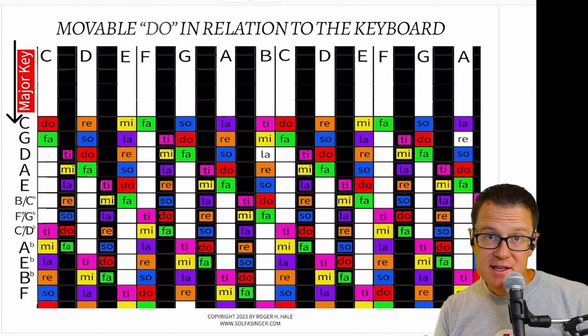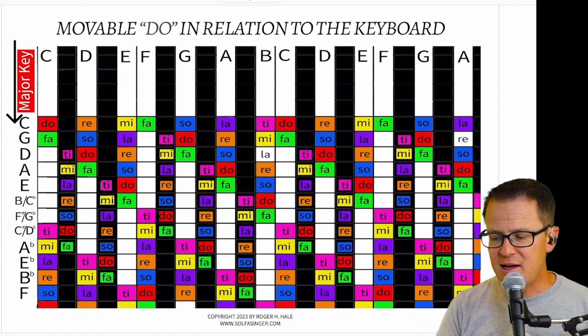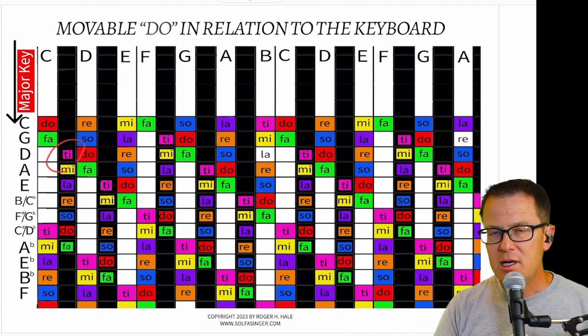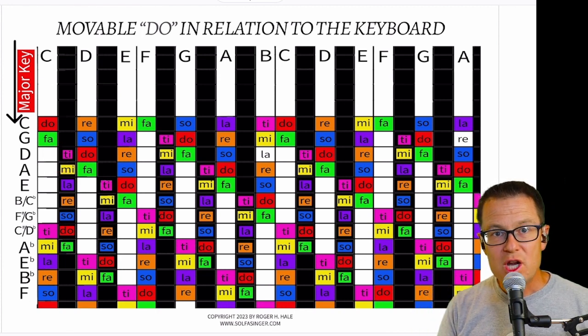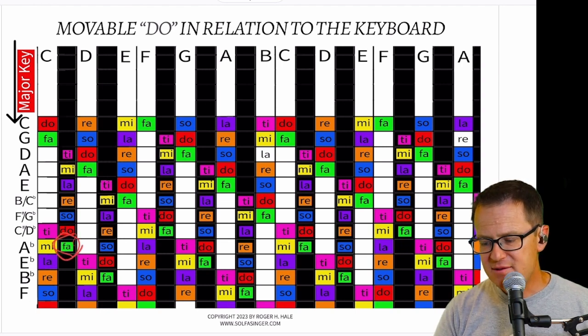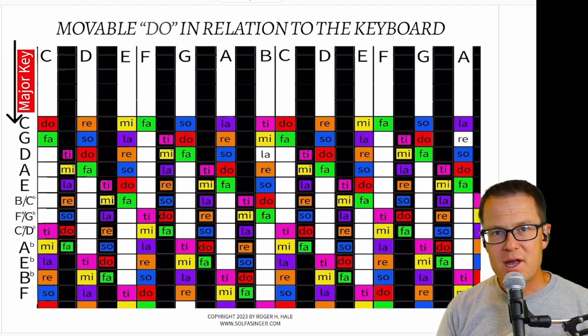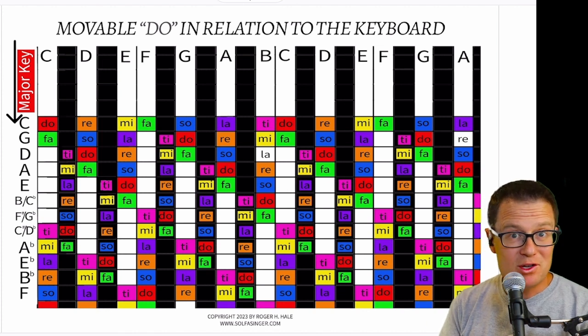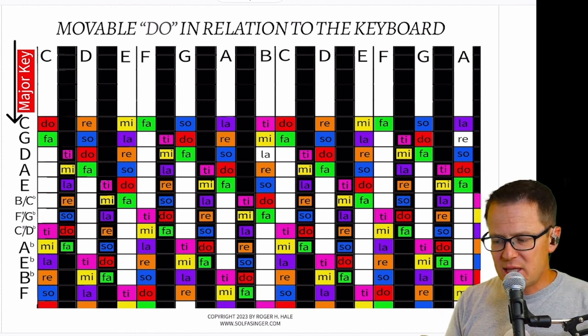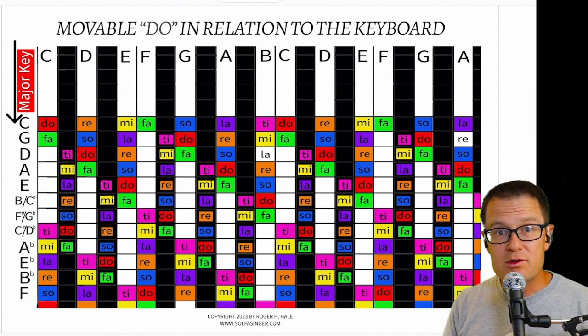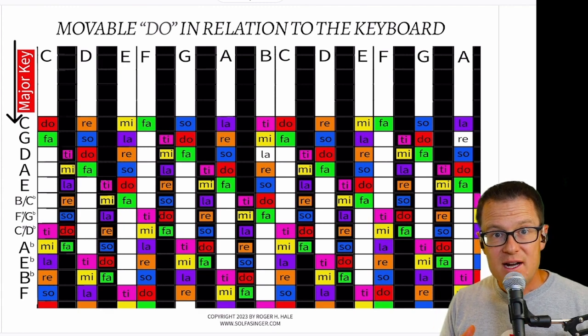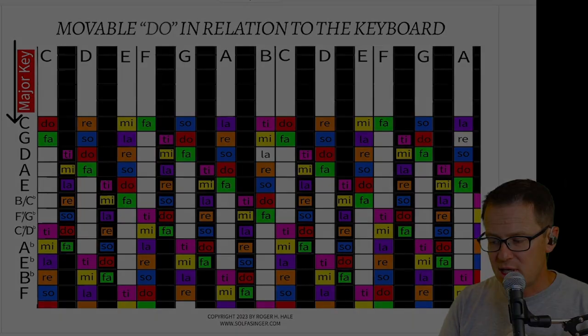So this is ti in the key of D major. But if I want to switch to a different key, for example, how about A flat major? Oh, that's fa. I don't really know how useful this is, but as I've been looking at this, it's been really interesting to see the different ways this chart can be used.